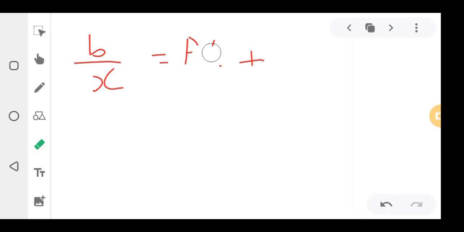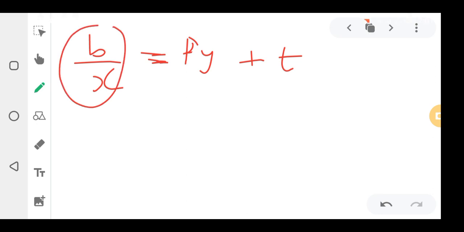It's y here, not t. We are making x the subject. Any number on its own, since this side is a fraction, b over x, meaning maybe this one is supposed to be over something. Since there's nothing over, we'll put 1, an imaginary number.